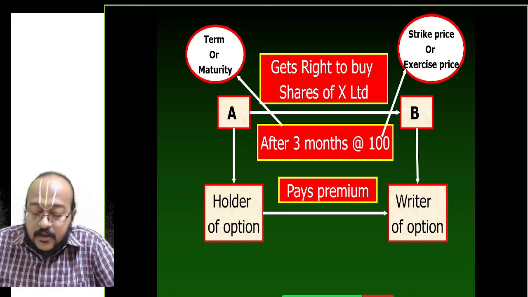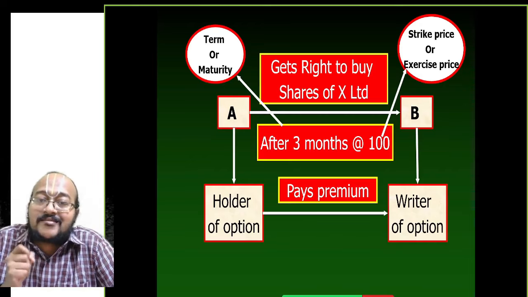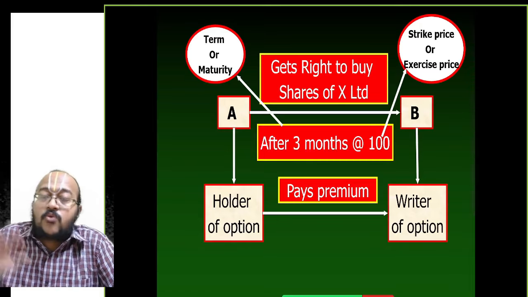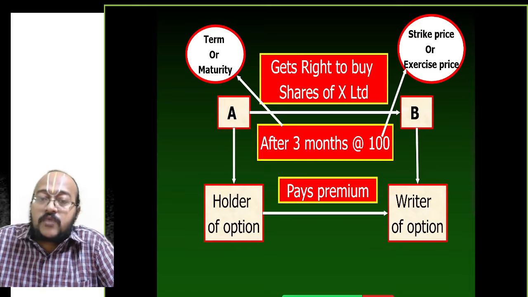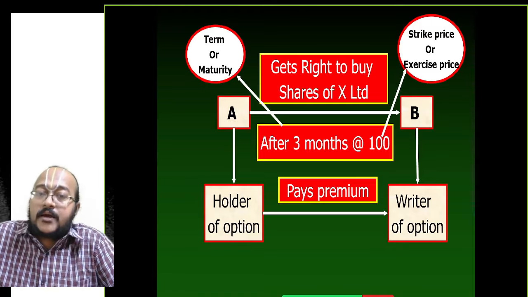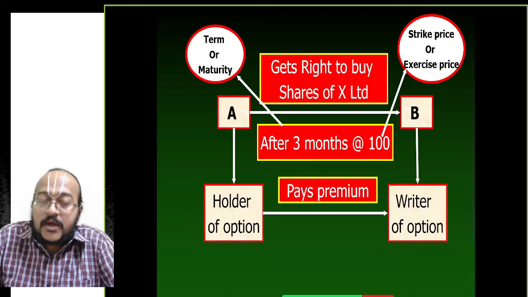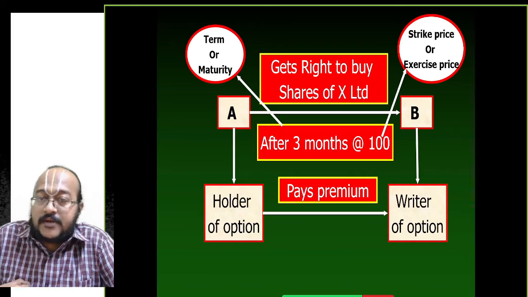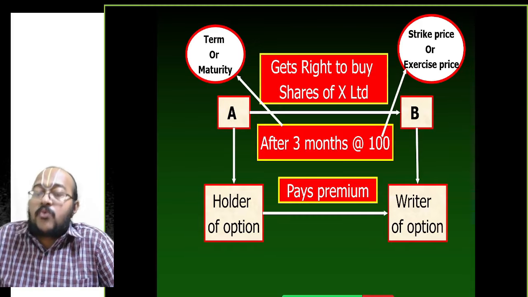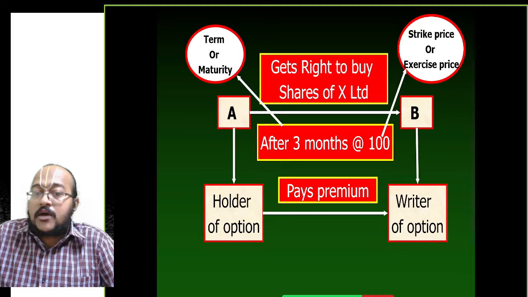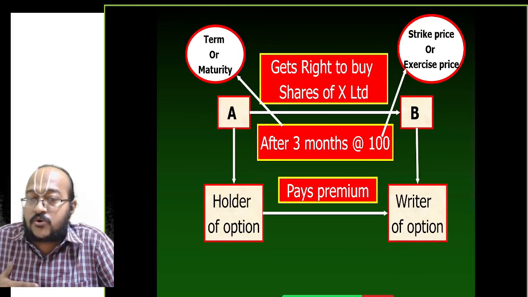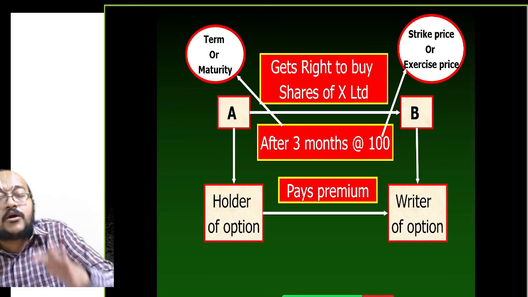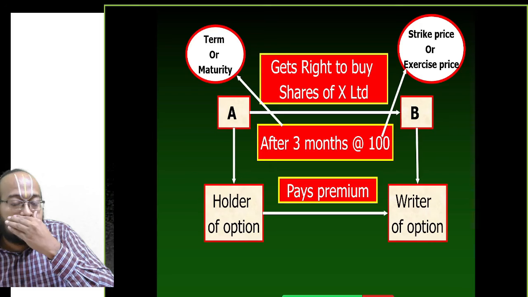Here B is writing the risk, which means he is providing insurance. Don't worry, even in an adverse scenario, in case your share price today is 100 rupees and you are fearful that the share price might jump to 200 or 300, we will insure you and make sure that you have a right to buy the same share for the 100 rupees strike price, correct?